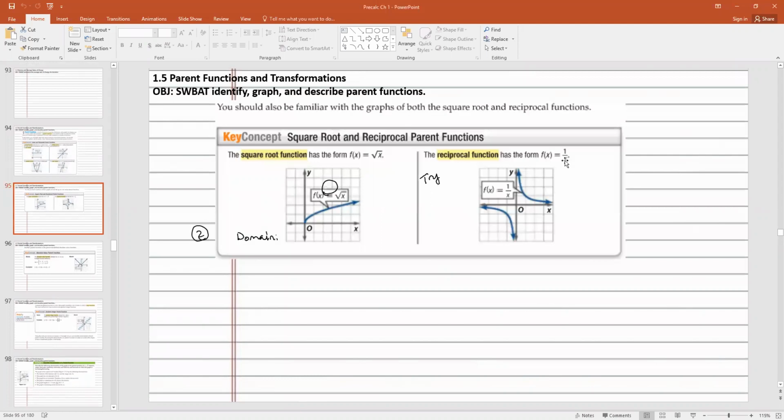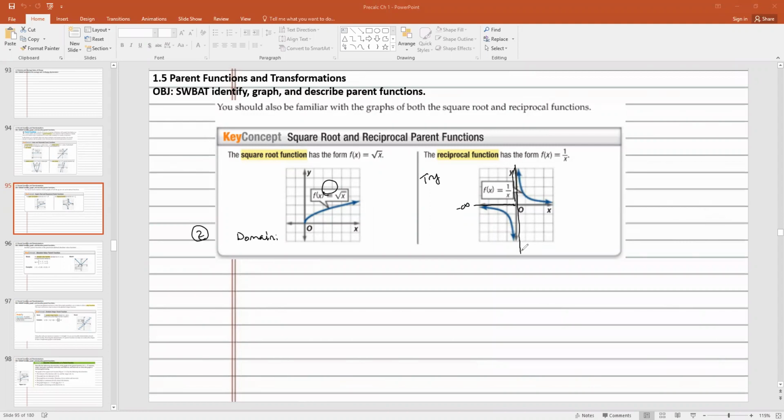All right, so let's look at that function. That's the reciprocal function, f of x equals 1 over x. So what's our domain there? The farthest left, it goes all the way to negative infinity. And then is there anywhere that it's not possible in the x coordinate?